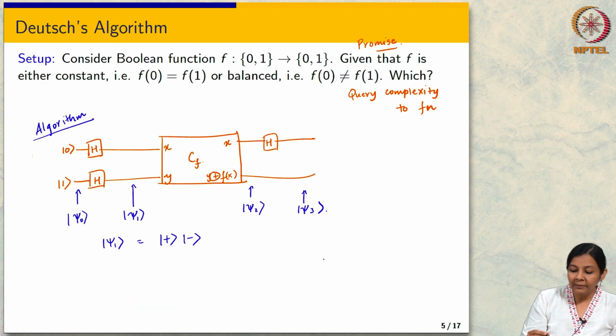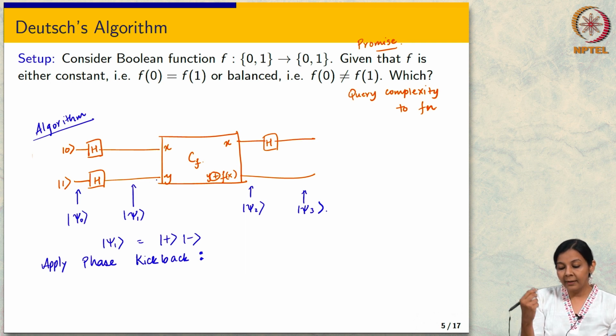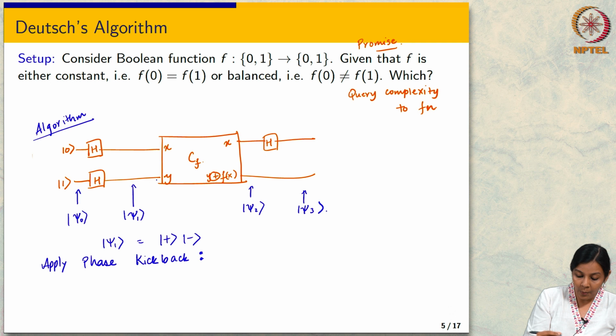So now I get phase kickback, and this is because my second bit here, the ancillary one, is minus. Now I am going to consider both cases one by one. So let us consider the first case. Case 1 is that f0 is equal to f1.